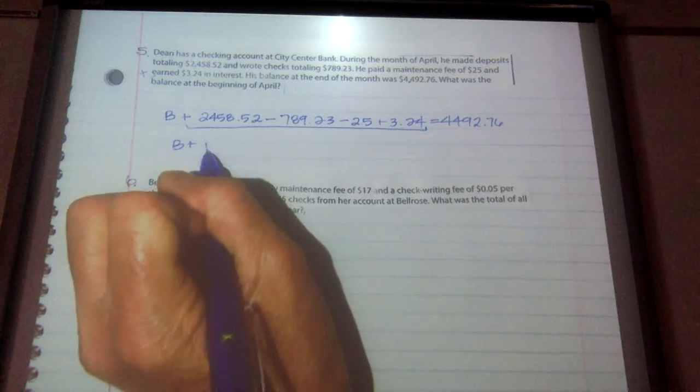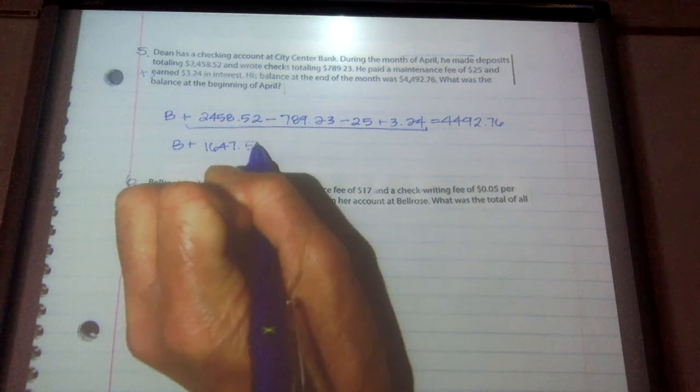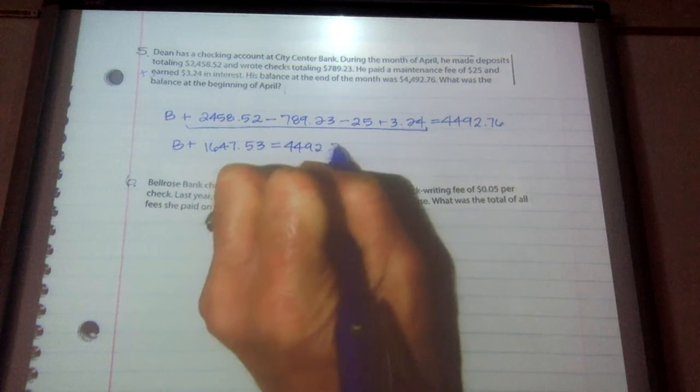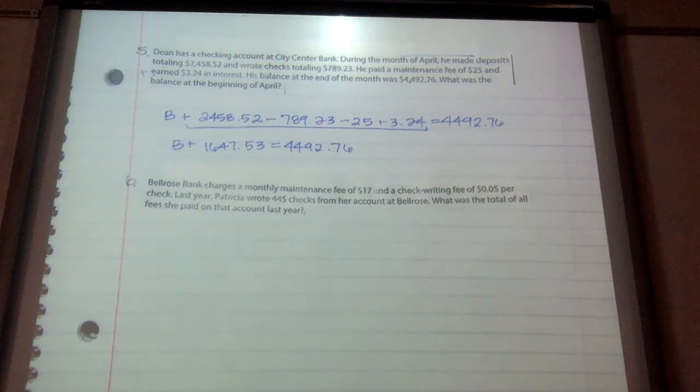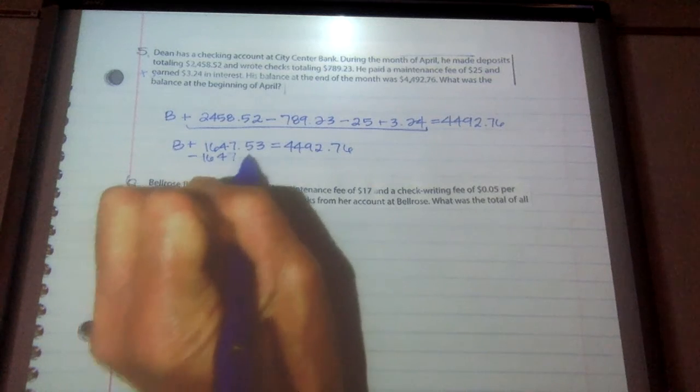And I get a net difference of $1,647.53 equals $4492.76. To solve for B, I would subtract that amount from both sides.